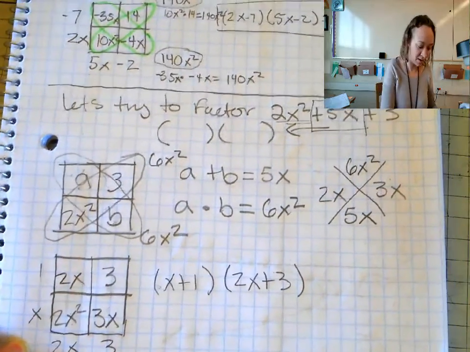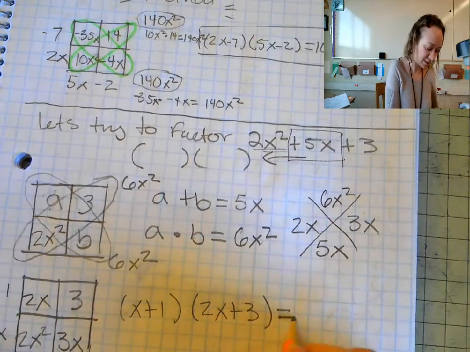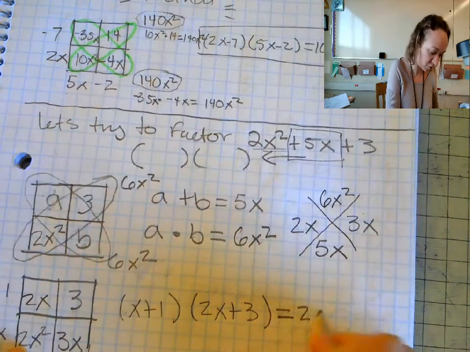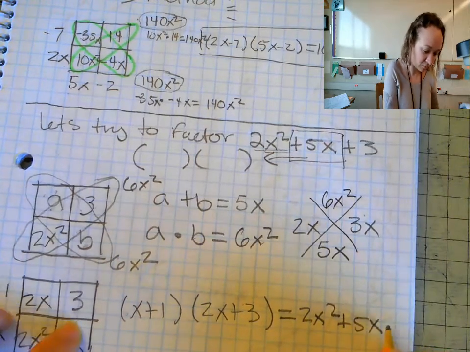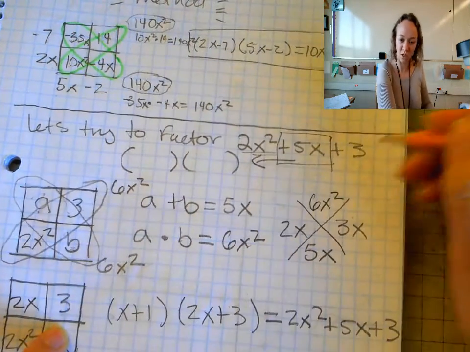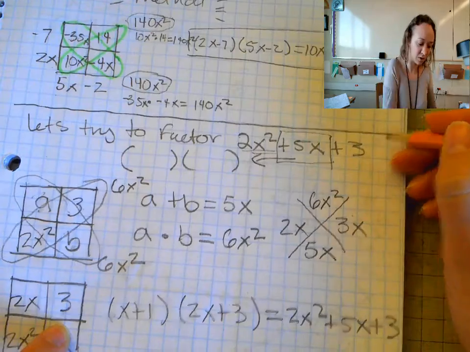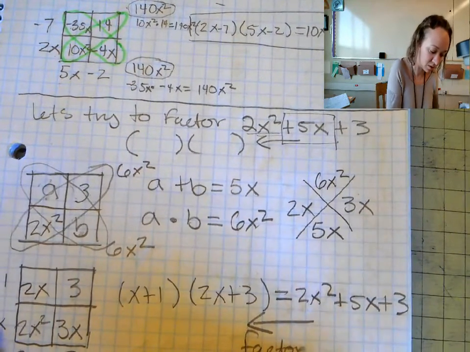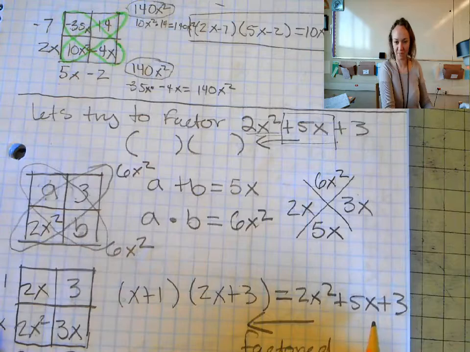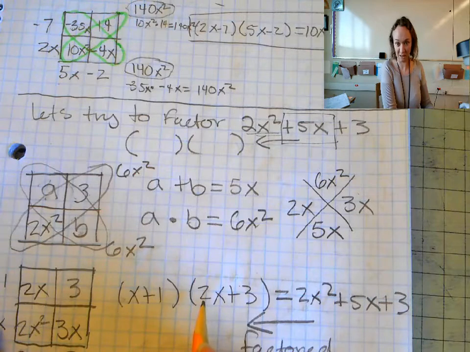And I think that that equals, let's check it, 2x squared plus 5x plus 3, which is what I wanted to have in the beginning. So I just factored this expression to get this. It's a lot.